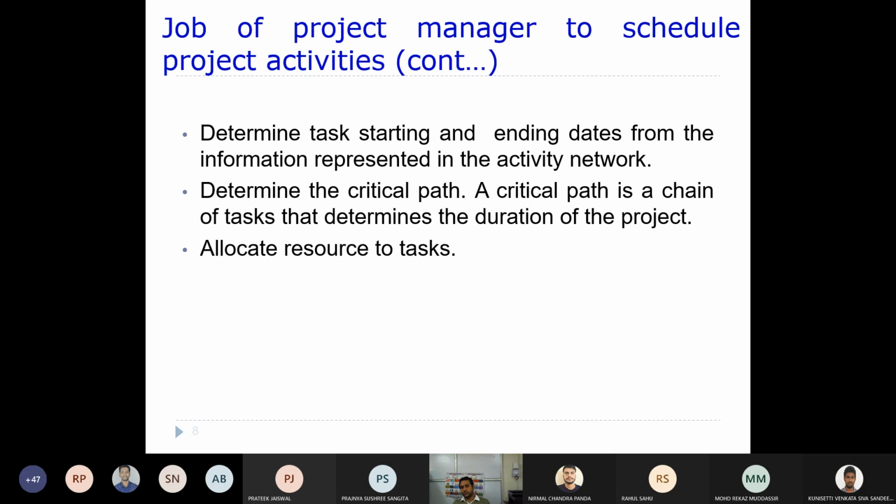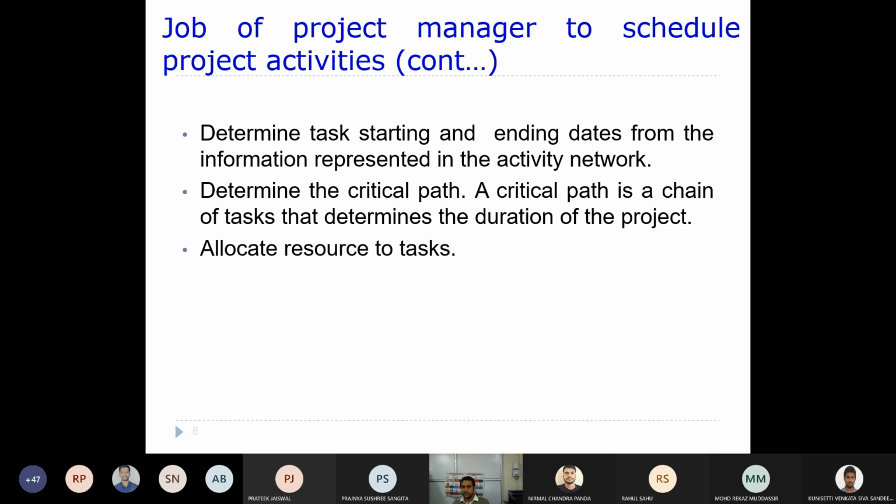So after getting a particular network, you can think of it as a graph. Then you try to find out a critical path. That critical path will tell you the minimum time required to finish or complete all of the tasks of a particular project.